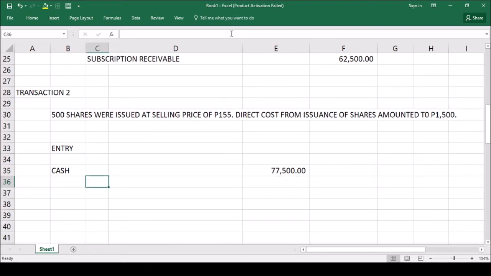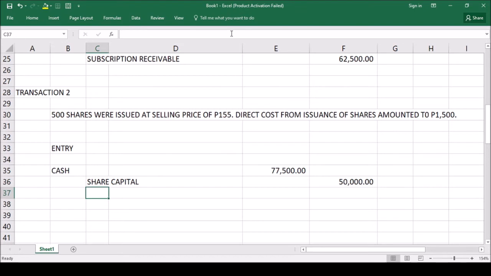Question, ano naman po yung credit natin? Okay, so we will credit share capital kasi fully paid naman ito, no? Share capital, magkano yung value? Because share capital, this is a par value share, we need to record the share at par. Share capital, so 500 shares issued at par, which is 100.